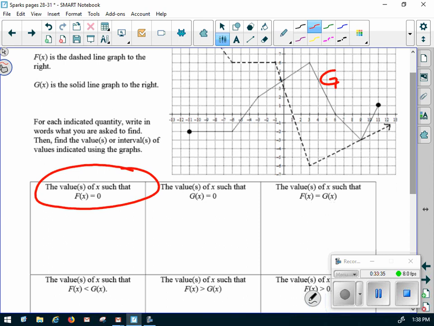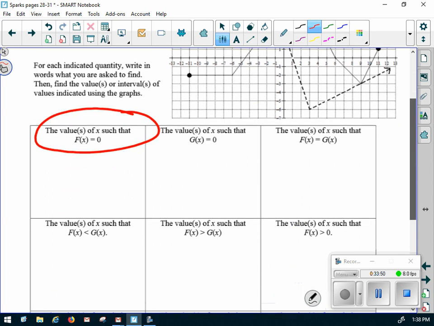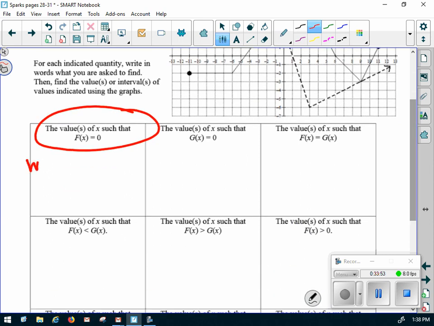What's that asking you to find? Value or values of x such that f of x, or y, equals 0. What does that mean? What is x when y is 0?